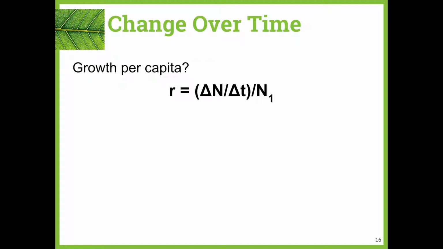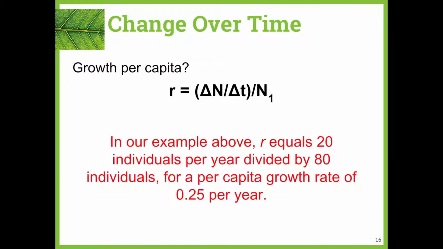So R is equal to the change in population size over a certain amount of time divided by the population size at the beginning. In our example, R would equal 20 individuals per year divided by 80 individuals, because we had 80 individuals at the beginning, for a per capita rate of 0.2 per year, individuals per year.